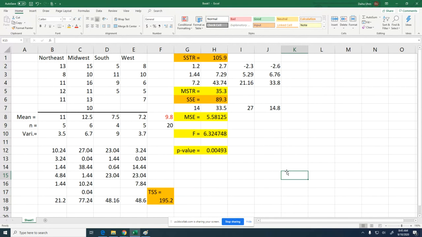So using the formula, using another double summation, we take the TSS 195.2. But what did I say? It will be same as SSTR plus SSE. Let me take the SSTR plus SSE.